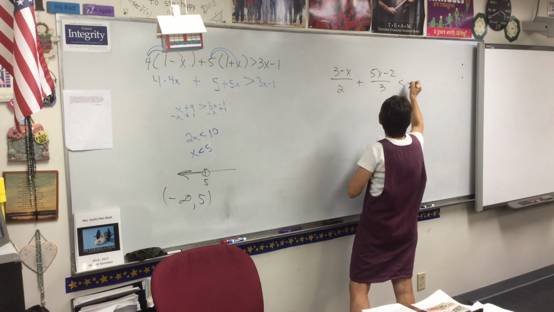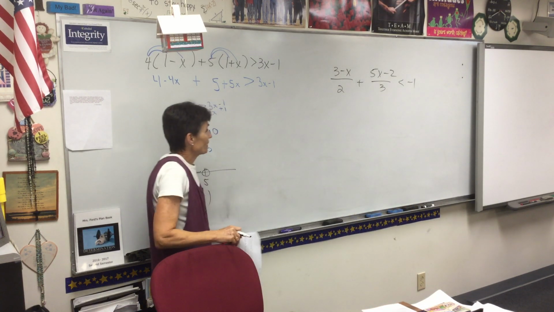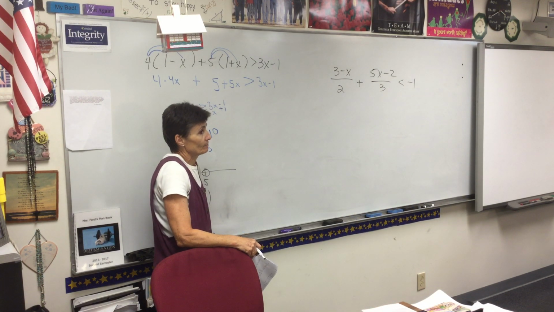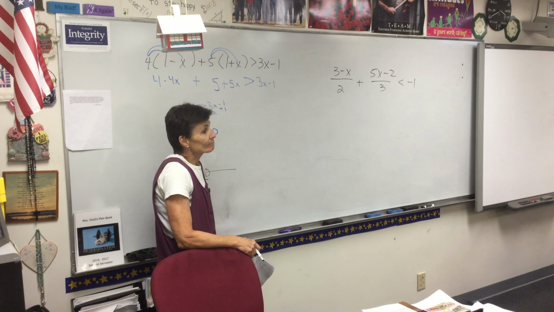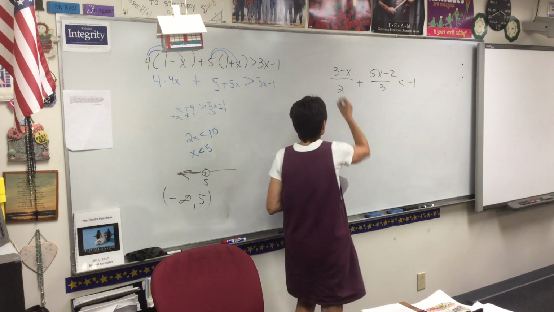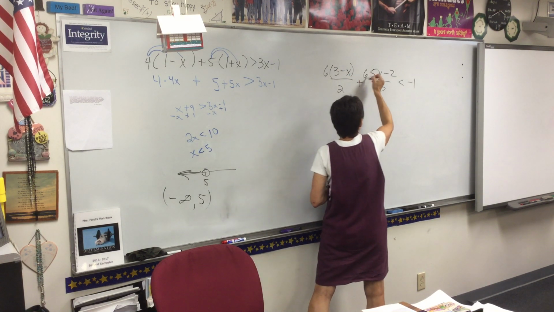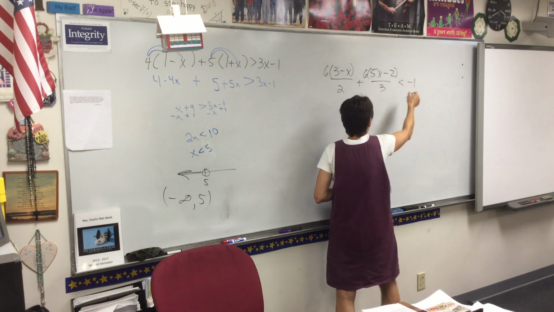All right, we got a bunch of fractions again. So Shiloh, what are you thinking? I think that's a great choice. And when you multiply by 6, you're going to remember these are quantities. So you're taking 6 times the whole parentheses.